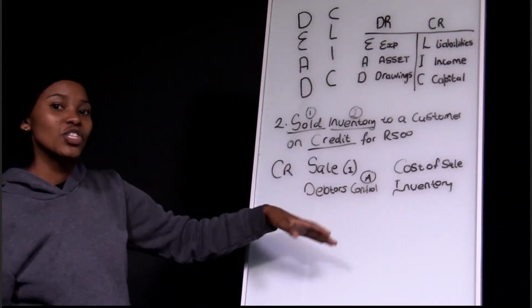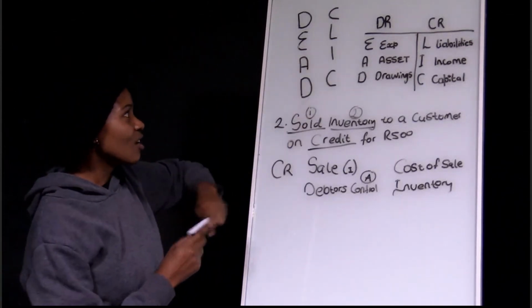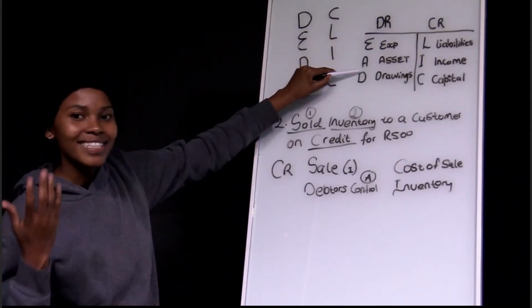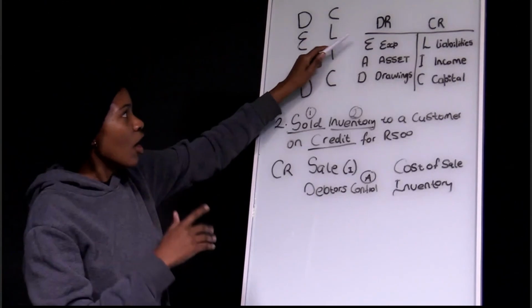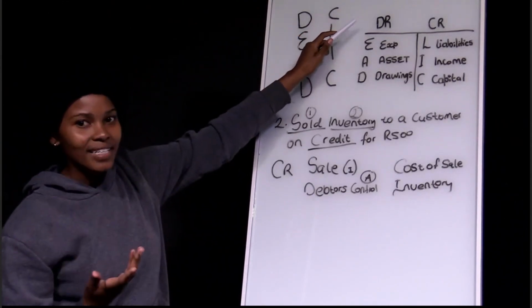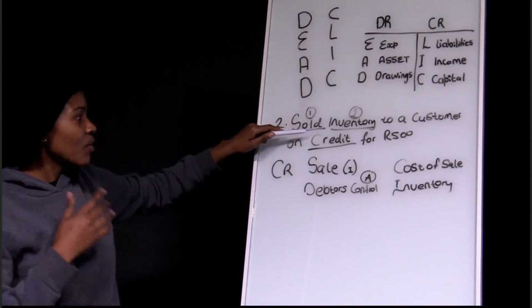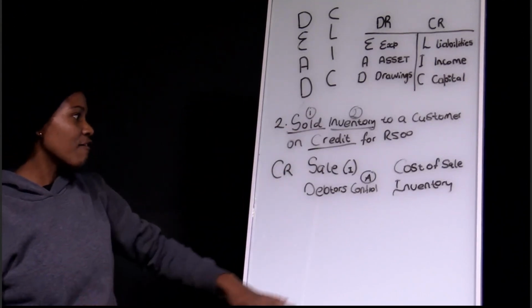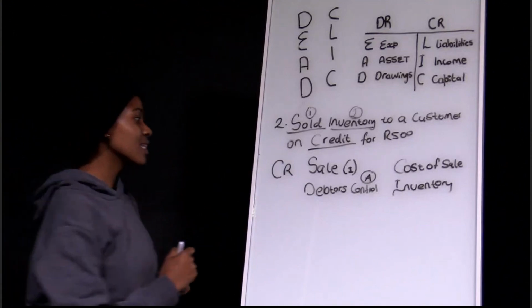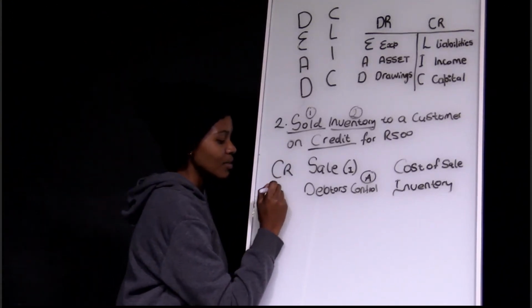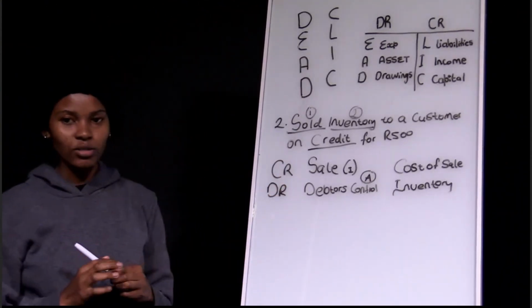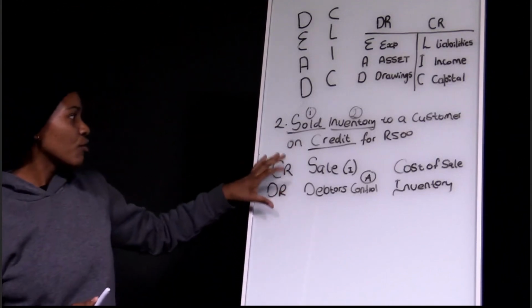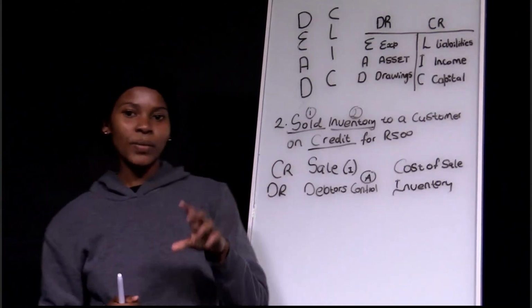Assets increase on the debit side, and on the opposite side, the credit side, they decrease. Since the people that owe us money are increasing because this customer did not pay, your debtors control in this case will be debited. And remember what I told you, that for each transaction we have two accounts.